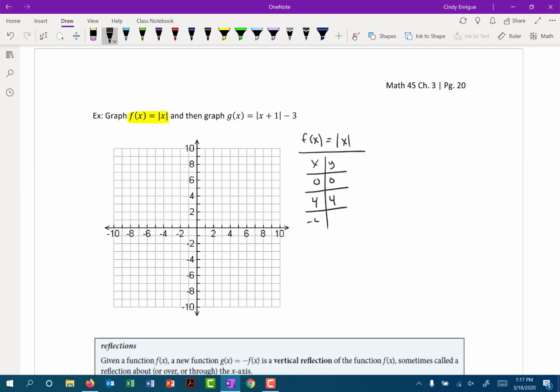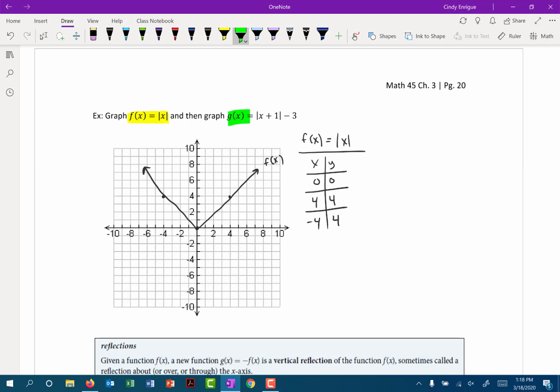The absolute value of negative 4 is also a positive 4. And I think that's enough. So let's see how that goes. So I have 0, 0. I have 4, 4, and negative 4, 4. So my original graph more or less looks like this. So this is my f of x.